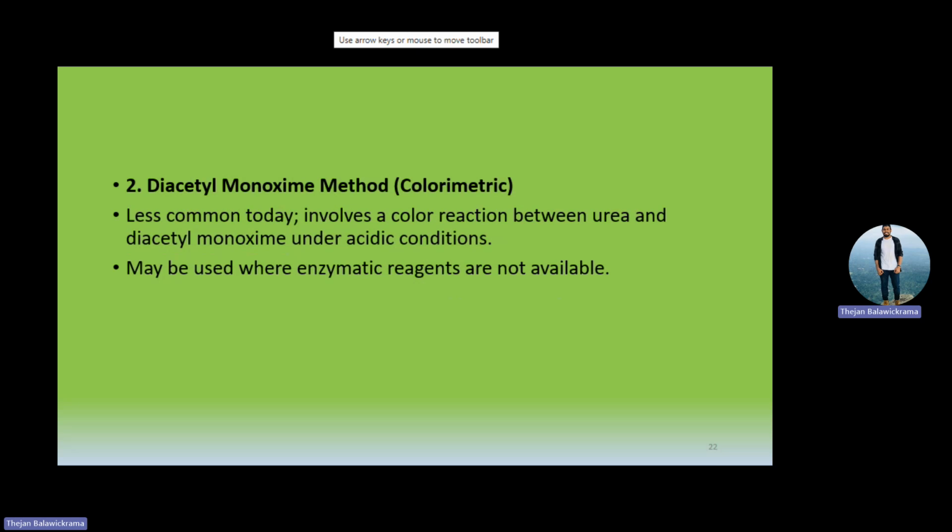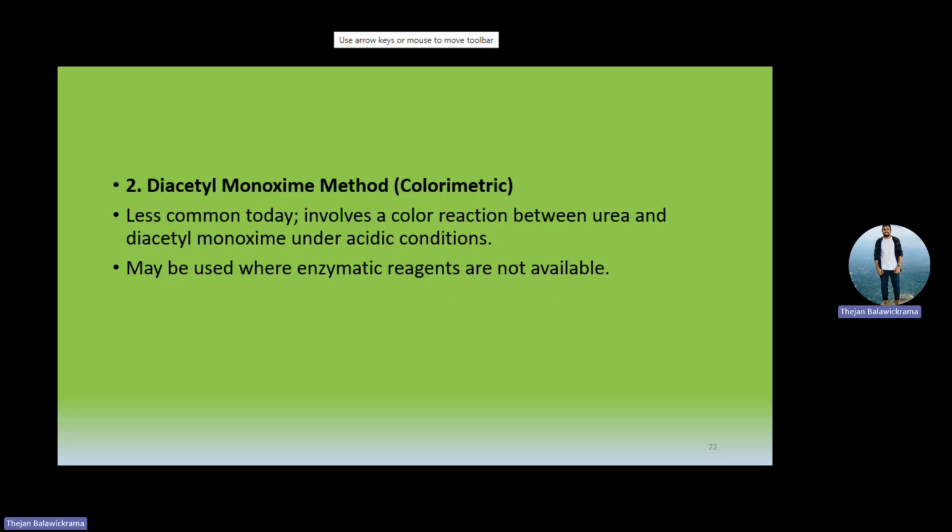Another method, diacetyl monoxide method. That is also a colorimetric method. In the previous case also we were measuring the color intensity. Here also we have a reaction between what and what?